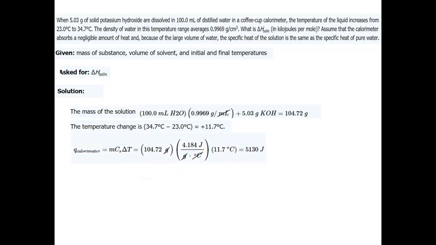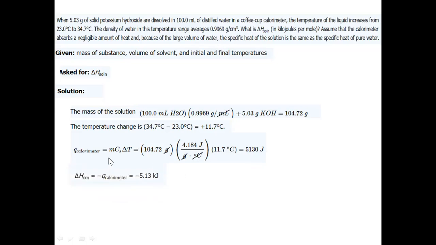Now to get the heat of the calorimeter, which is equal to m c delta T, the mass times the specific heat of water multiplied with the change in temperature. So 104.72 grams as the mass of solution multiplied with the specific heat of water at 4.184 joule per gram degree Celsius times the change in temperature at 11.7 degrees Celsius. This gives us an answer of 5,130 joules.